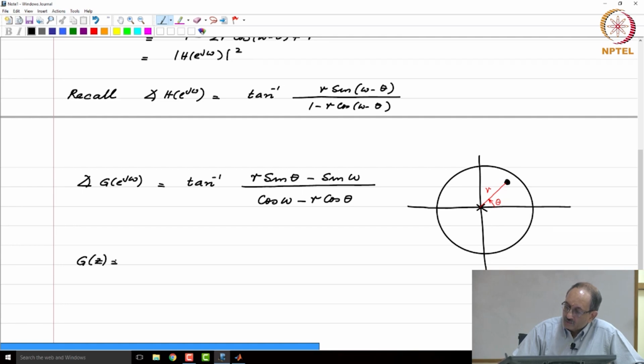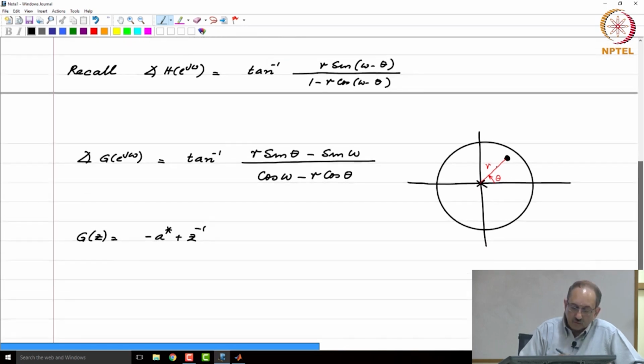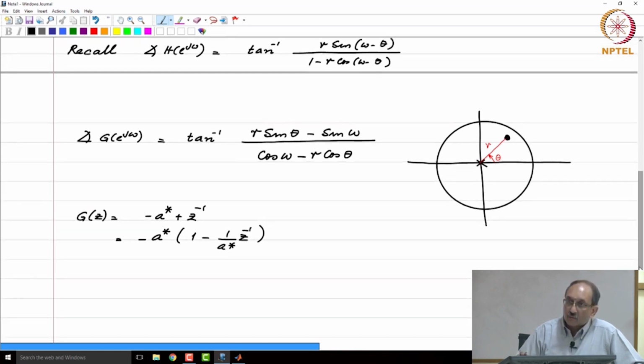Note that g of z is minus a star plus z inverse. So, this is the related system. What I have plotted here is the 0 of the earlier system, which is h of z, and this can be written as minus a star times 1 minus 1 by a star z inverse, simple rearrangement of the term.